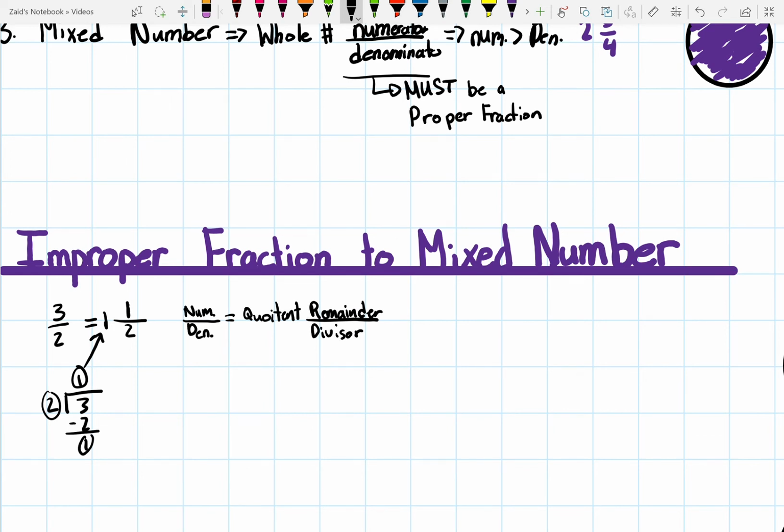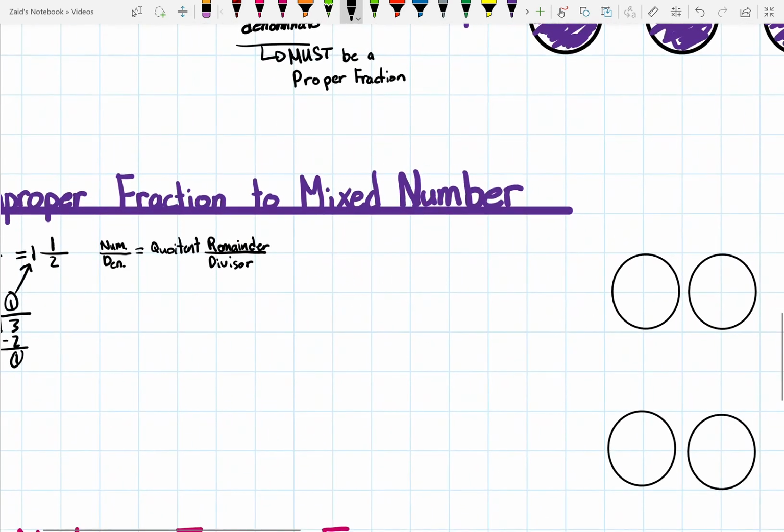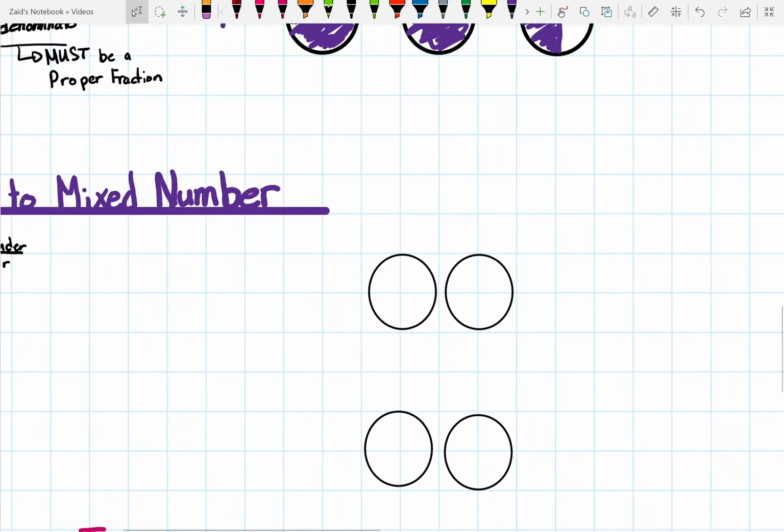Still the same thing. So if I do draw it, let's see. So I had 3 halves here and 1 and 1/2 here from before.